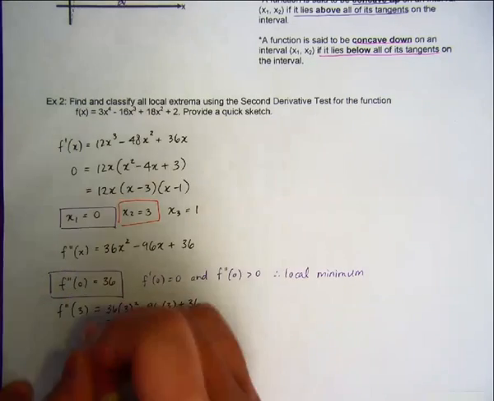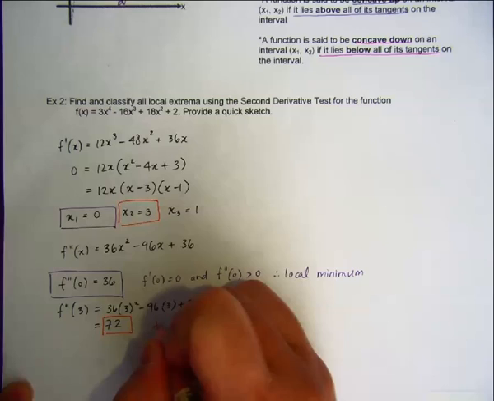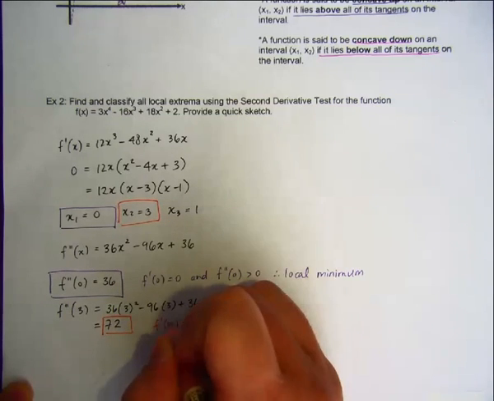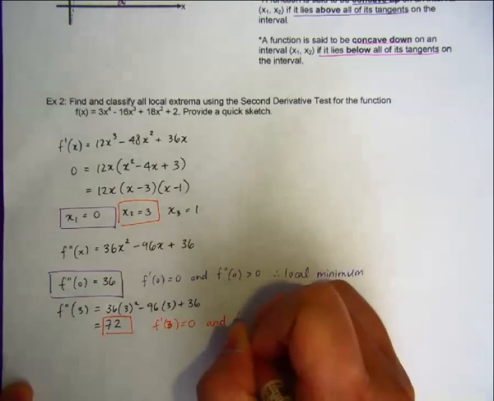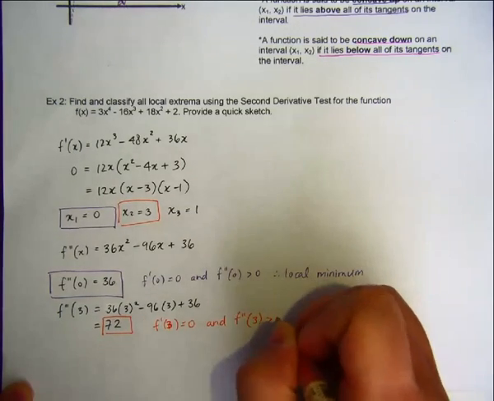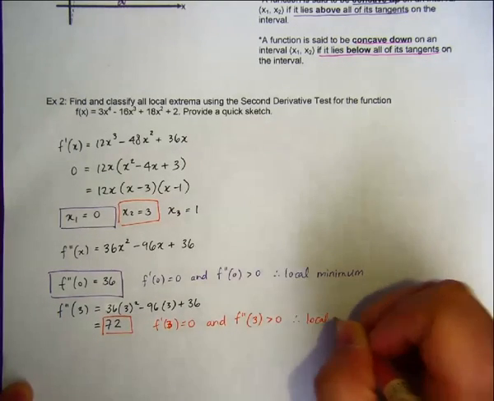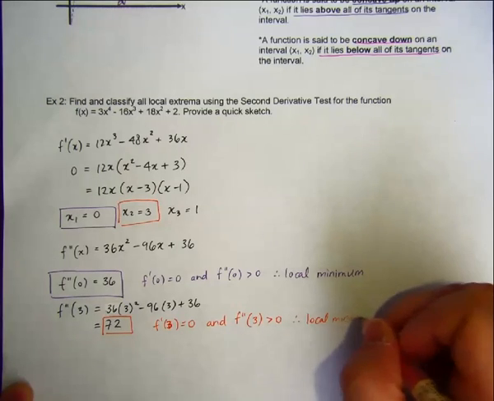So f prime of 3 is equal to 0, and the second derivative was again positive, so that means we have another local minimum.